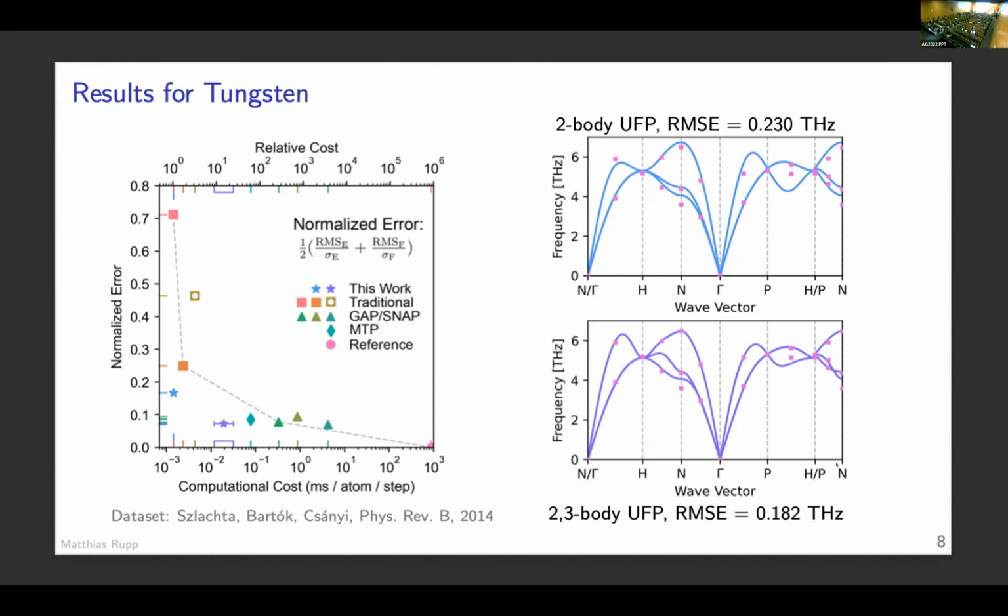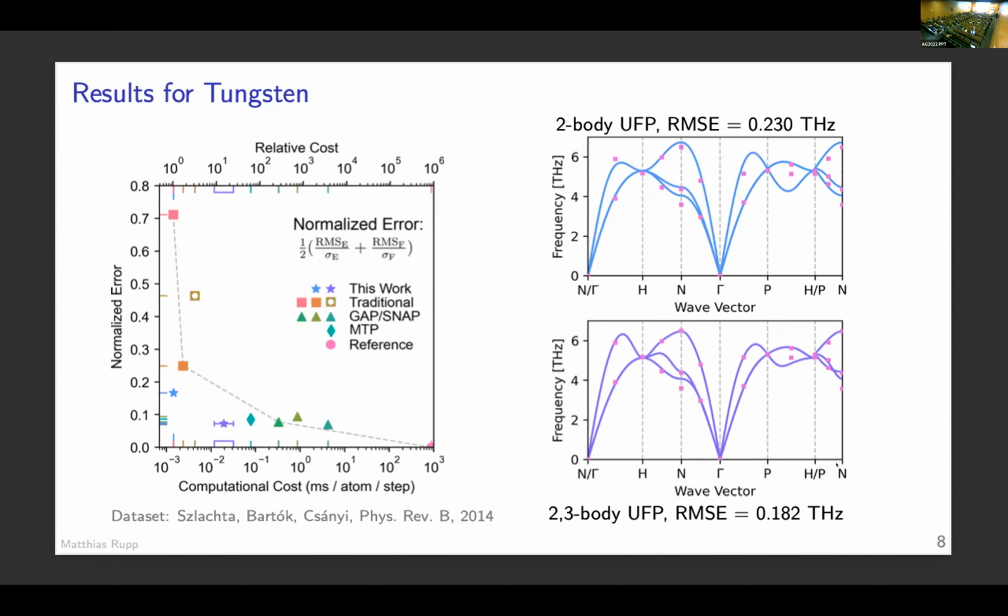And the vertical axis is some form of error that takes energies and forces into account. On the very left, you see some empirical potentials, all refitted to this data set, with one exception. And in the middle of the plot, you see some of the current state-of-the-art machine learning potentials. And then on the Pareto frontier, we are happy that at least at the moment, we improve on the Pareto frontier of computational efficiency and predictive accuracy.